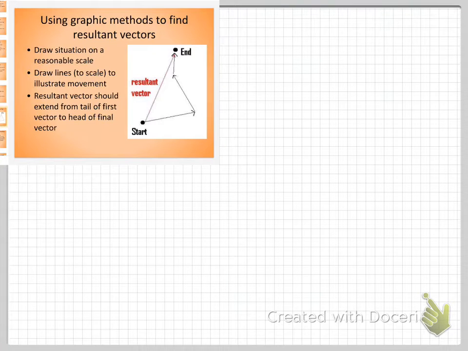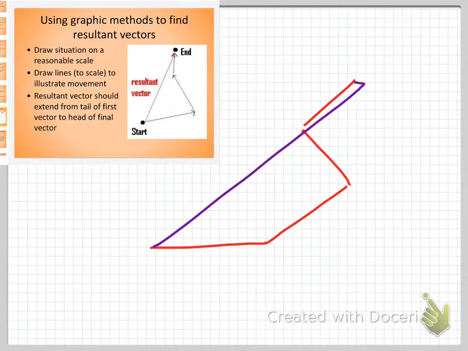We've been doing all this graphic stuff, which makes some people nuts, either because it's not exact enough or because I just don't understand it and I'm not a visual person. Okay, whatever. These are fantastic as a quick check, especially on things that are not perpendicular to one another.